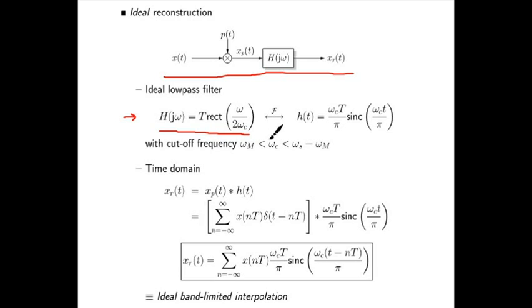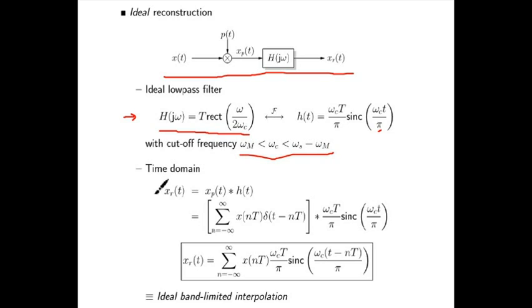Its inverse Fourier transform will be h of t equals omega c T upon pi sinc of omega c t upon pi. Here you can use pi if you want, or you need not use pi if you are not comfortable with it. This ideal low pass filter has cutoff frequency omega c, which lies between omega m and omega s minus omega m.